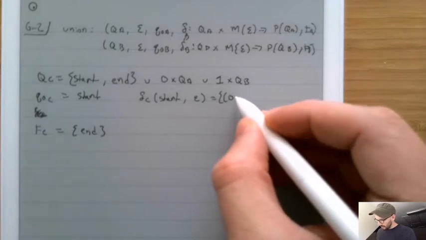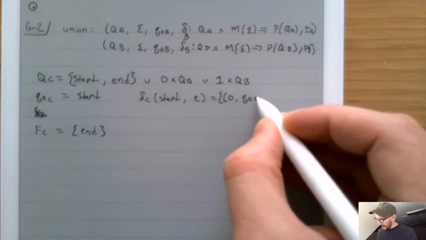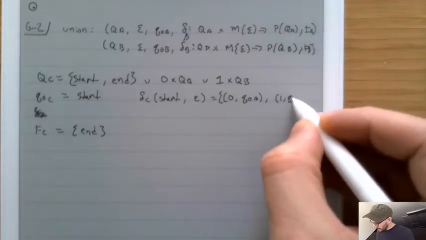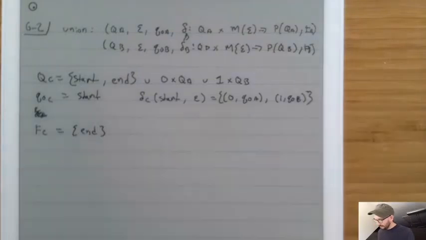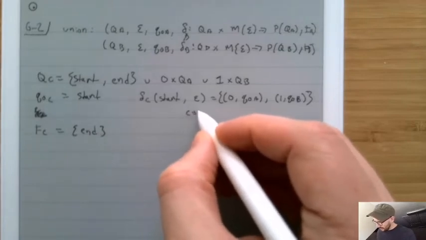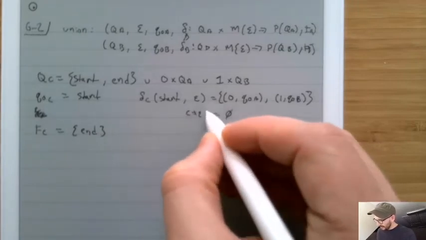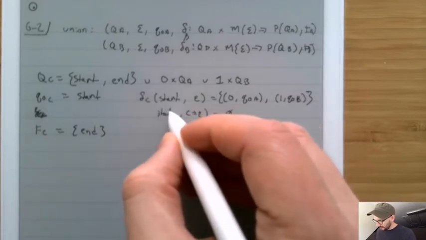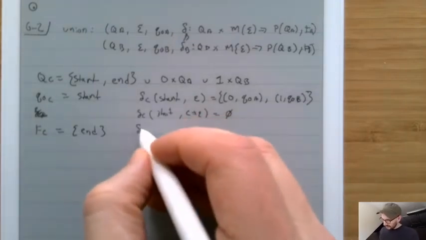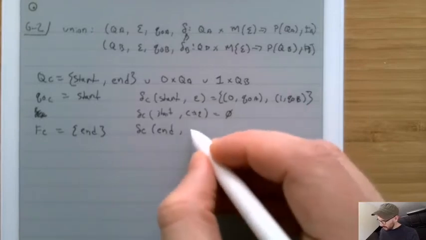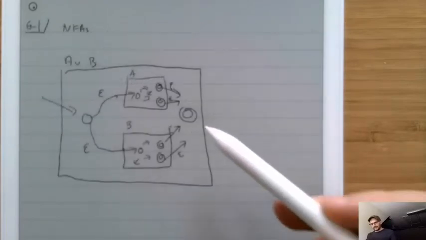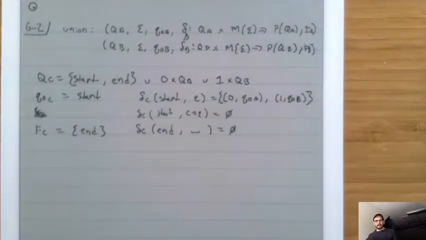It goes to 0, Q0A, so that's the start state of A, and it goes to 1, Q0B, that's the start state of B. And on anything else, it's on C not equal to epsilon, it just is the empty set, because it doesn't have any other transitions. So that's delta C. So we've said what it does on start. Now let's look at delta C of end. So no matter what we're given here, we always go nowhere because there's no transitions on the end state. Okay. All right, what's next?